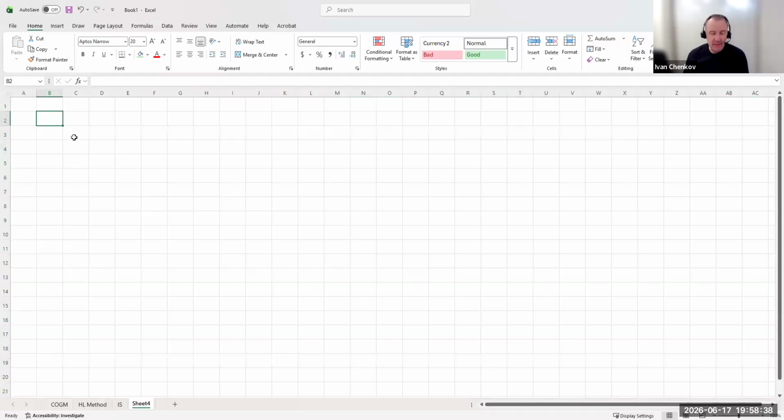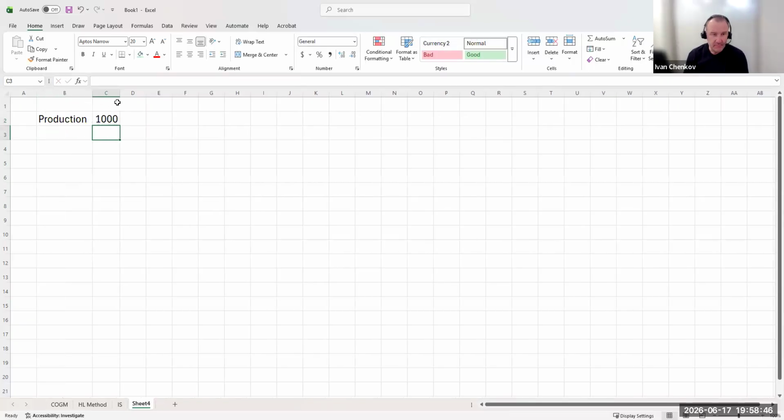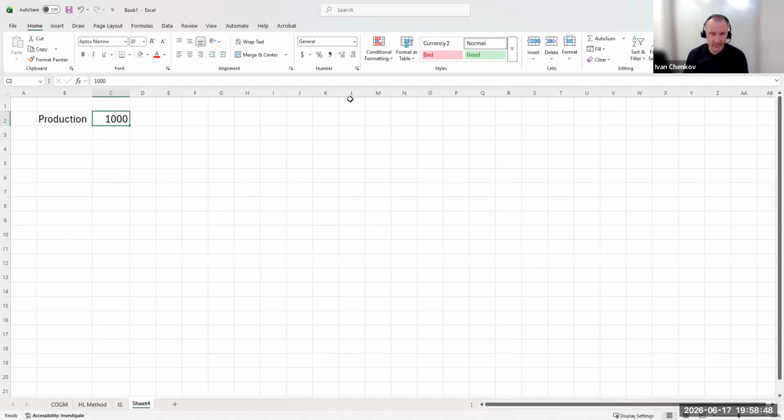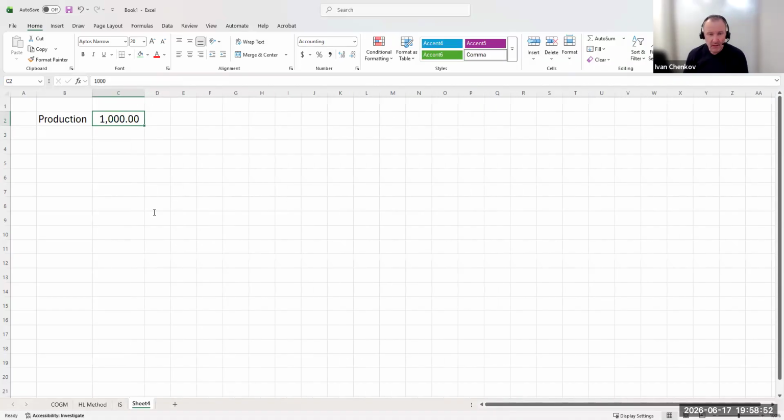So we have when the production is 1,000 units, there's some information available for us. And the information is that our sales are 20,000.